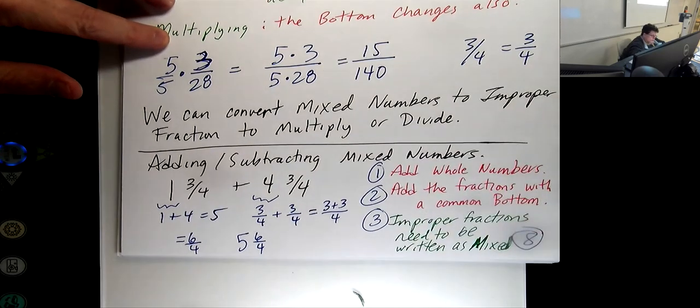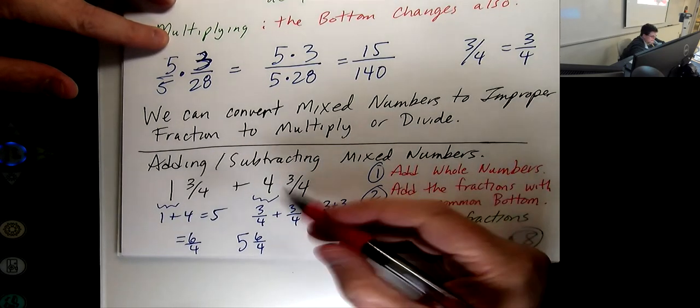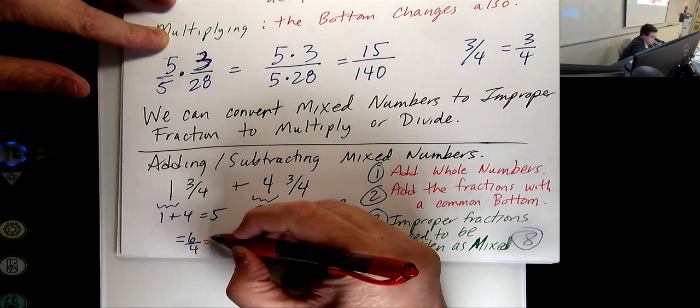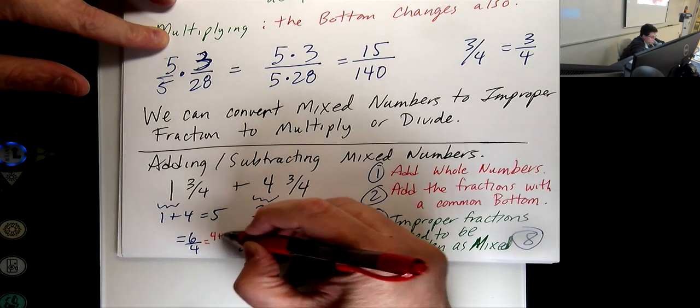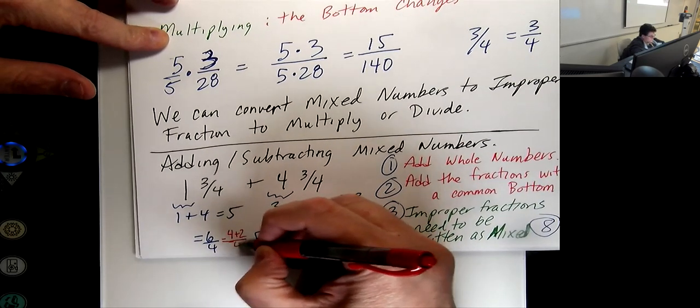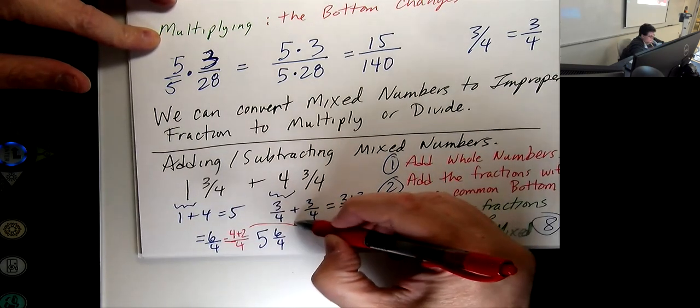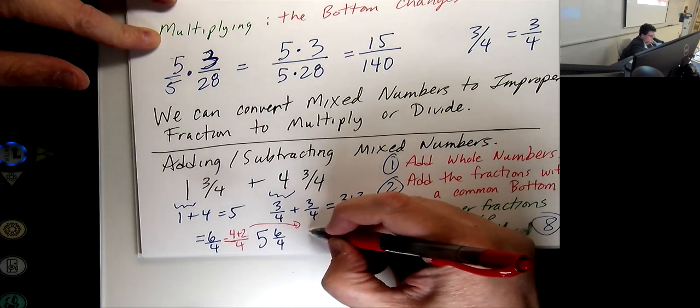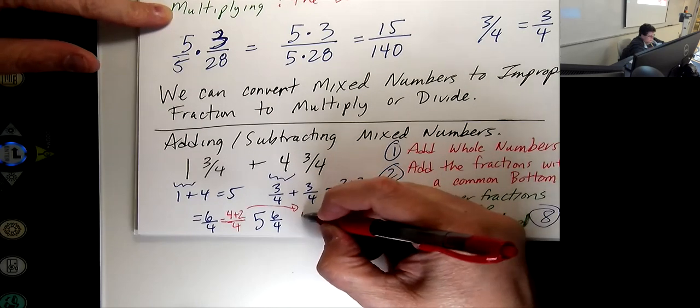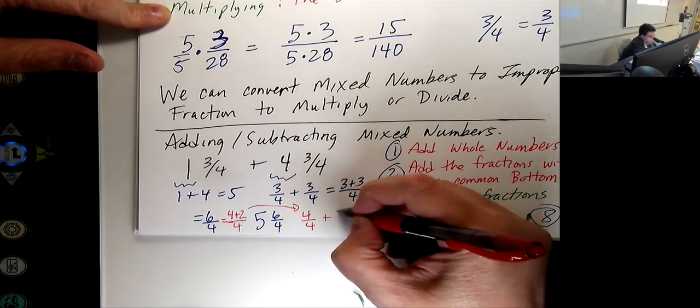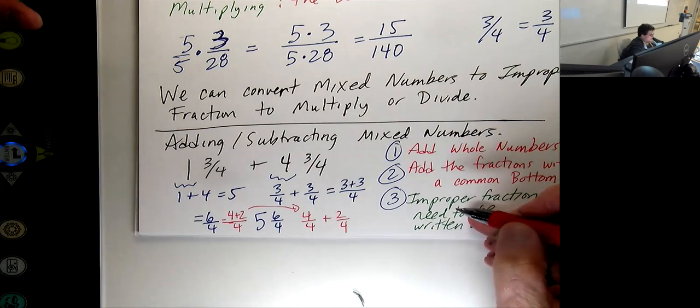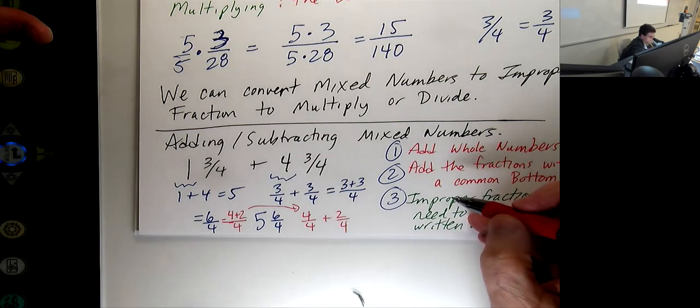So one way of doing the 6/4 is I can treat 6/4 as 4 plus 2/4. Why would you do that? Because if I do that, I can turn the 4 plus 2/4 into 4/4 plus 2/4. What is that 4/4 turned into?